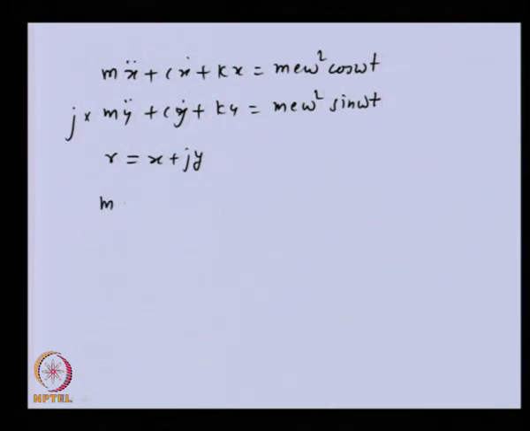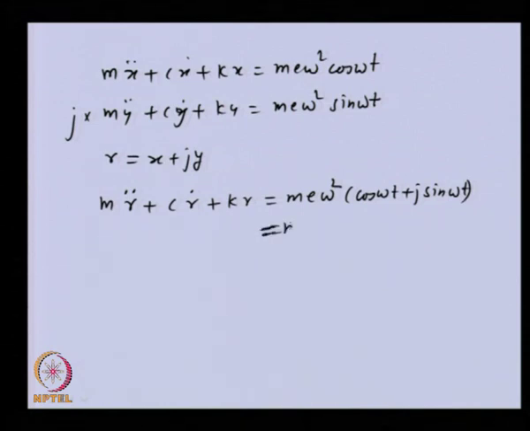So, we would get a combined equation in the complex domain, and here we will get cos omega t plus j sin omega t, which can be simplified as e to the j omega t.